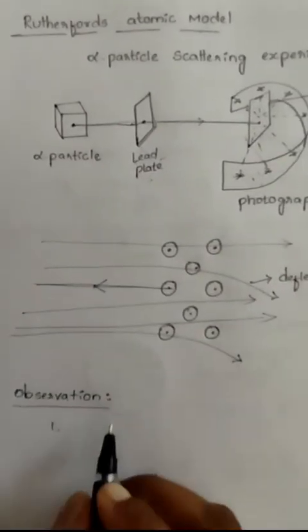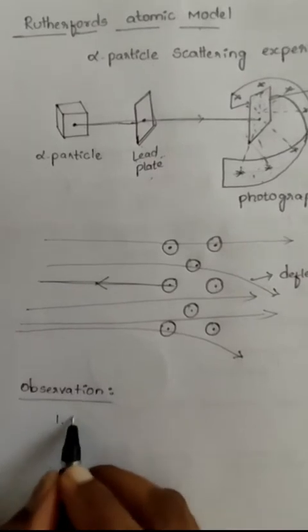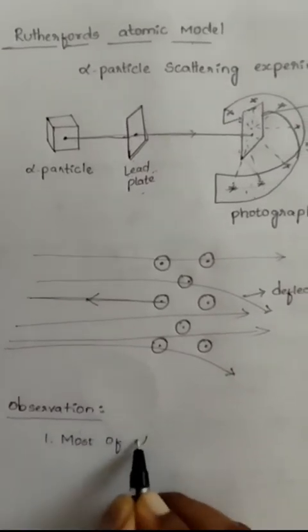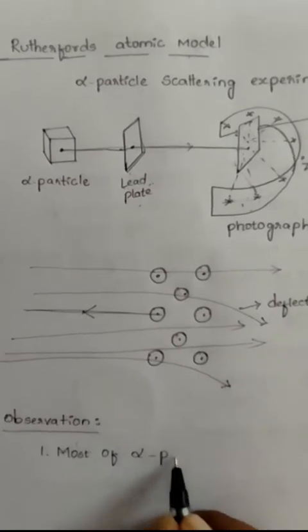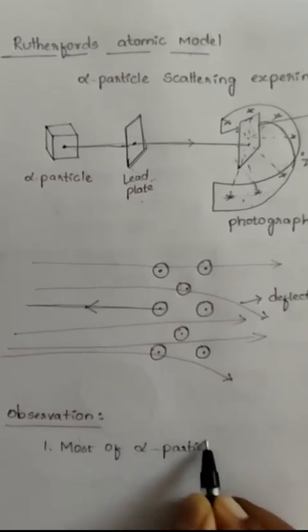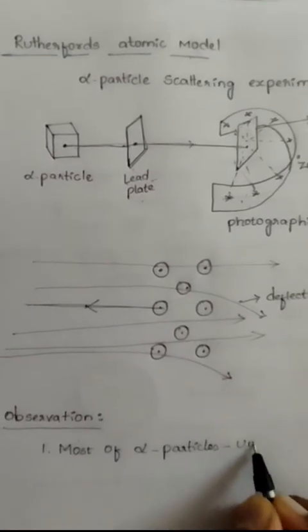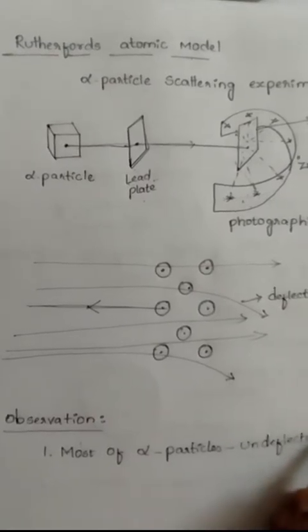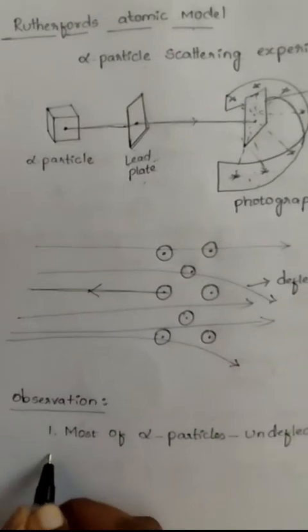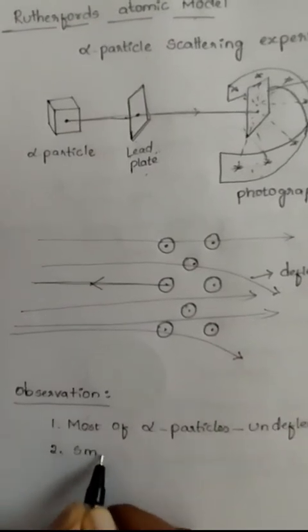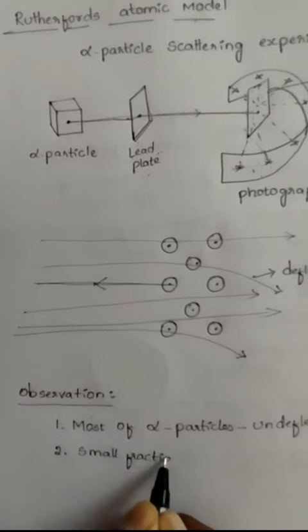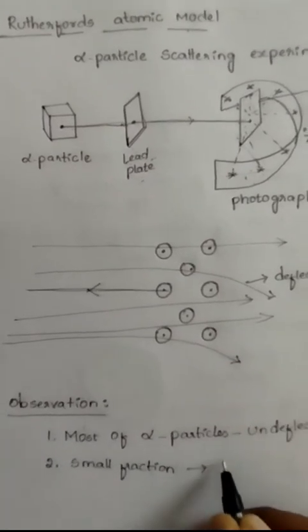Most of the alpha particles are undeflected. And a small fraction are slightly deflected.